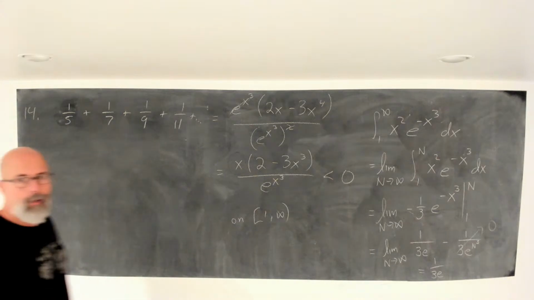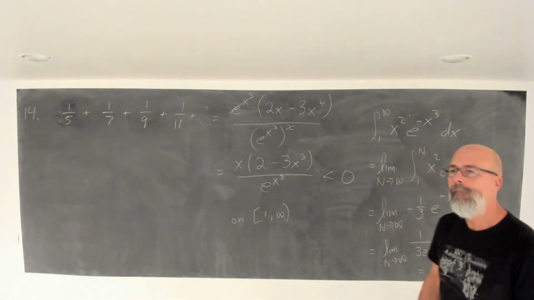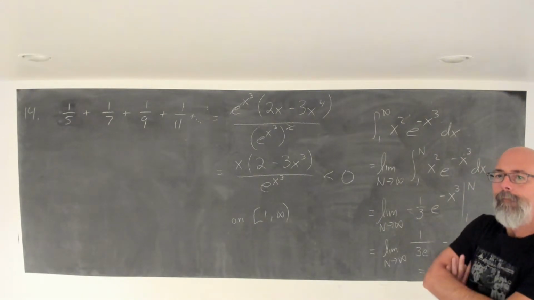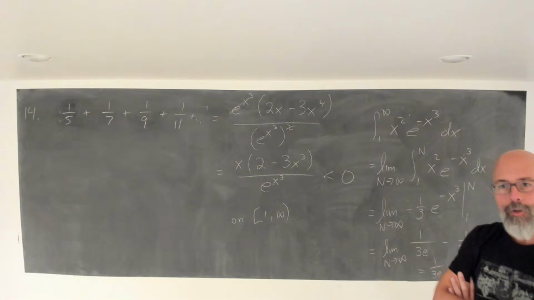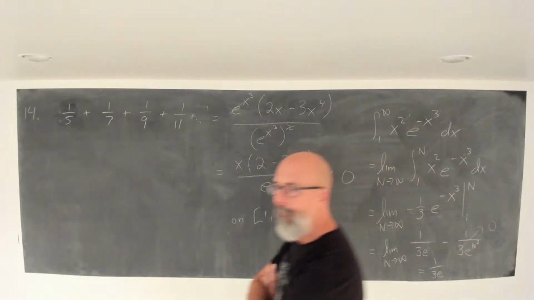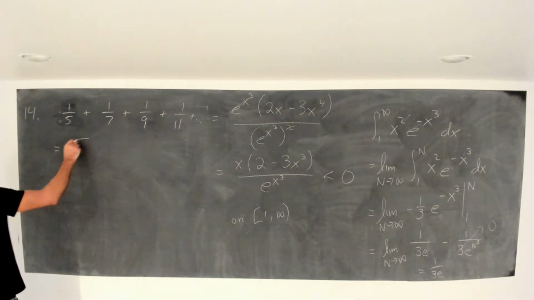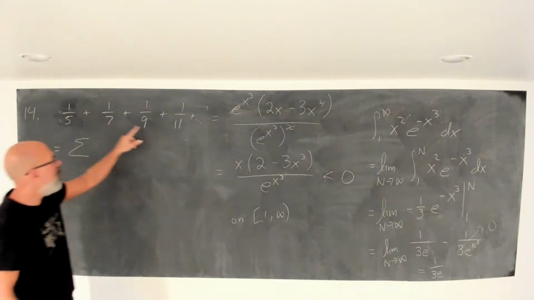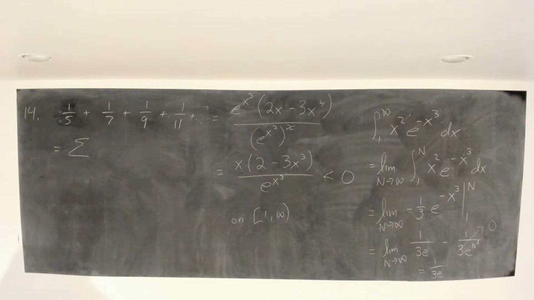Consider this. Let's rewrite that in a nice closed form. What do we recognize? 5, 7, 9, 11, and so on. It's just the odd numbers, thank you.